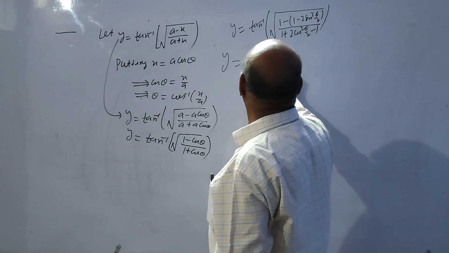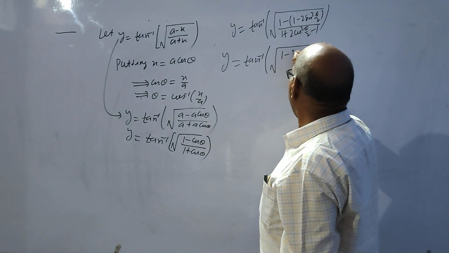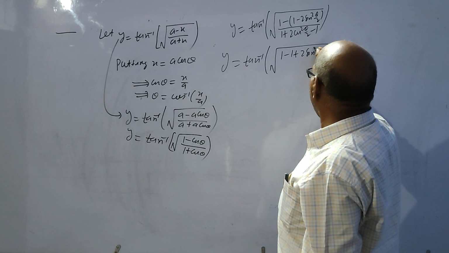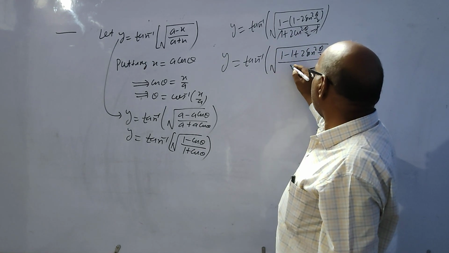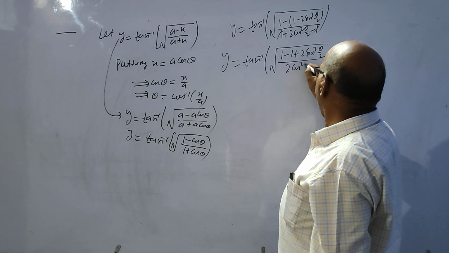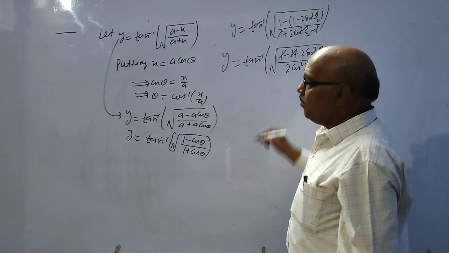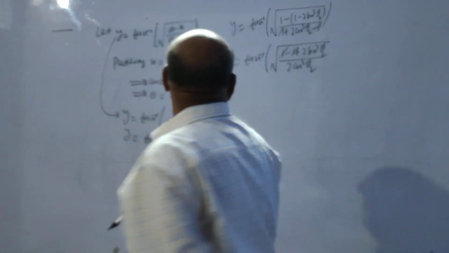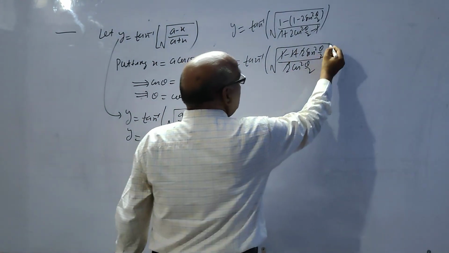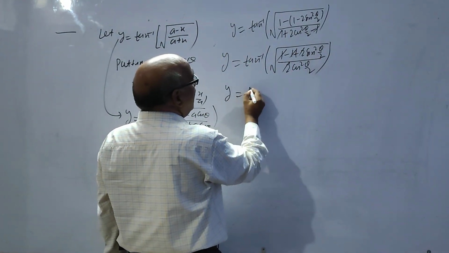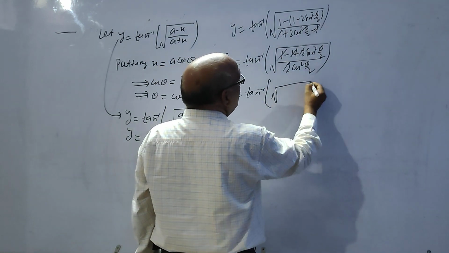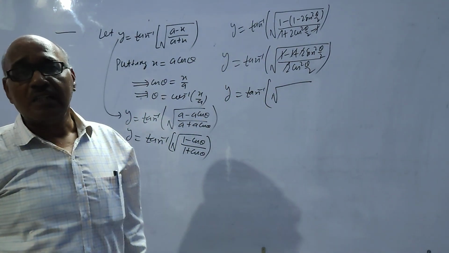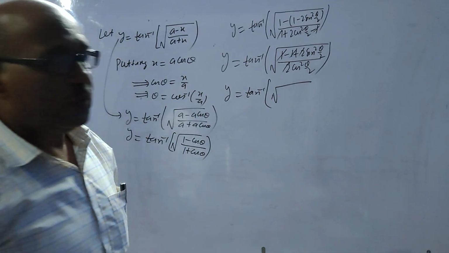That is tan inverse under root, this is 1 minus 1 plus 2 times sine square theta by 2, minus 1 is cancelled out by plus 1, so this is 2 times cos square theta by 2. 2 is cancelled out by 2, so what you will have is y is equal to tan inverse under root sine square theta by 2 upon cos square theta by 2, that is equal to tan square theta by 2.